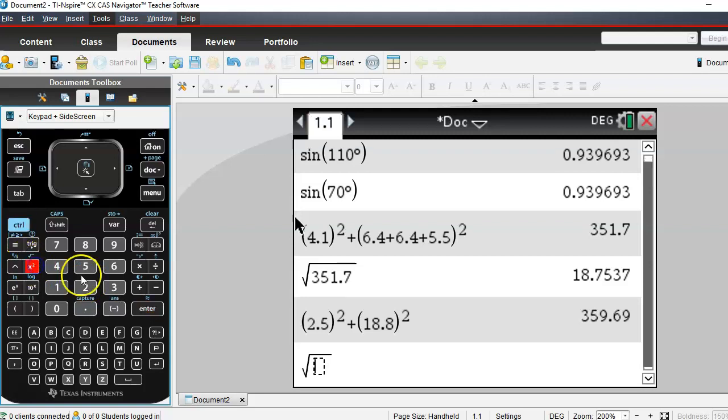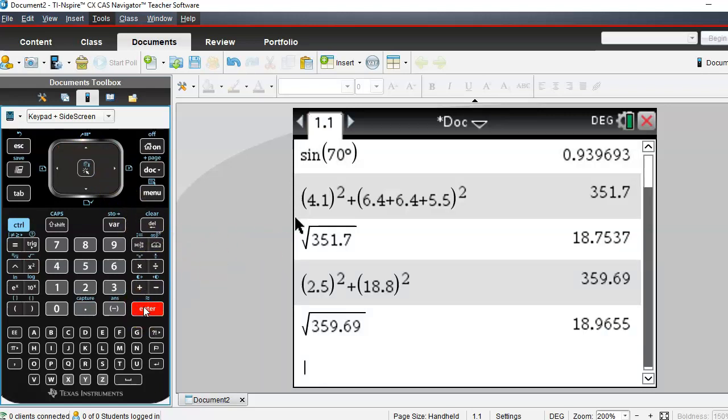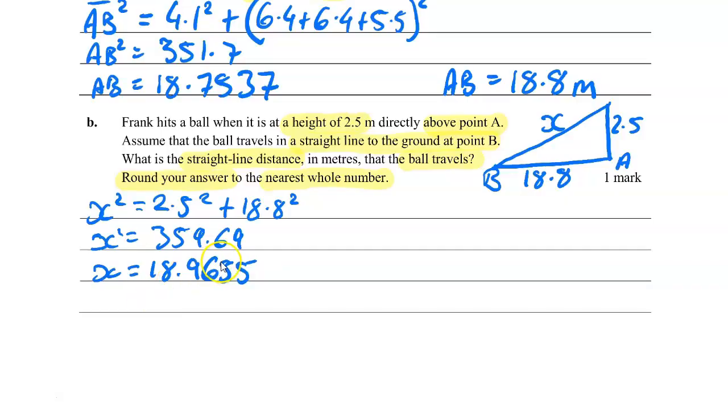Then I need to find the square root of that one. Okay, enter. So that means x is equal to 18.9655. Okay, and it was to the nearest whole number, so that makes that 19 meters. So 19 meters. 60% of the state got 1 mark there.